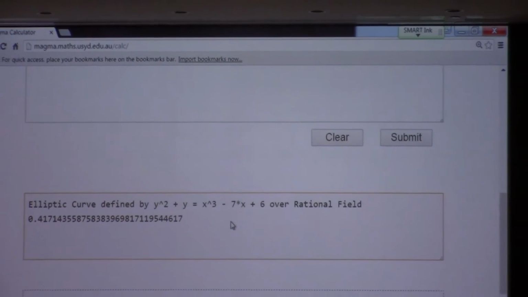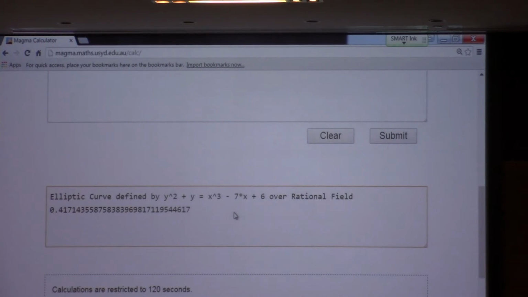The determinant is 0.417, and those many digits is correct. So it is away from 0, so I know that number is non-zero, and they are independent. Well, the rank is at least 3. That's what this is telling me.